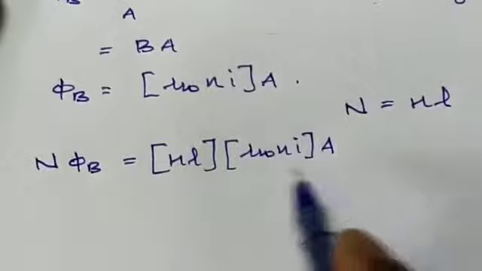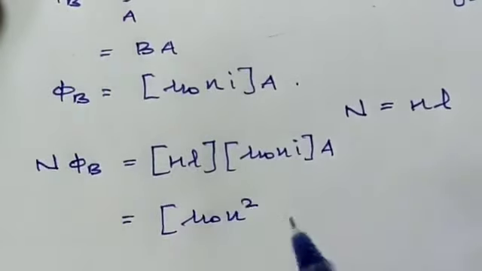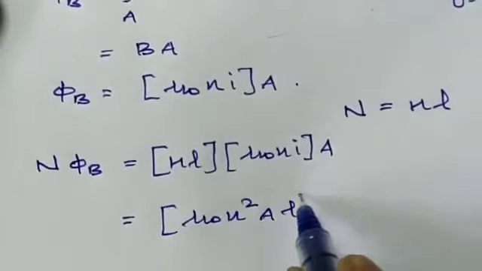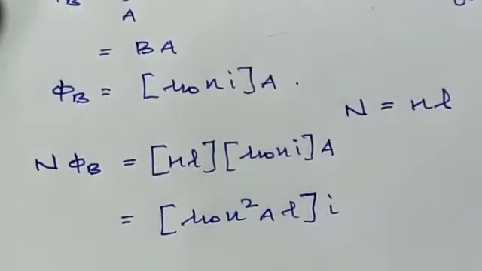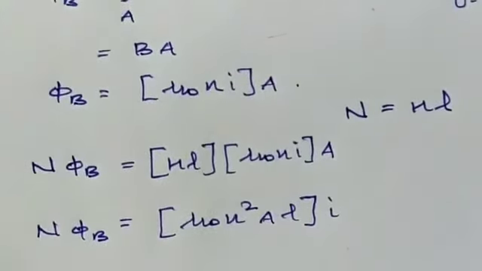So now rearrange that equation: mu naught n squared A L into I. That means it is the total flux linked in a solenoid.